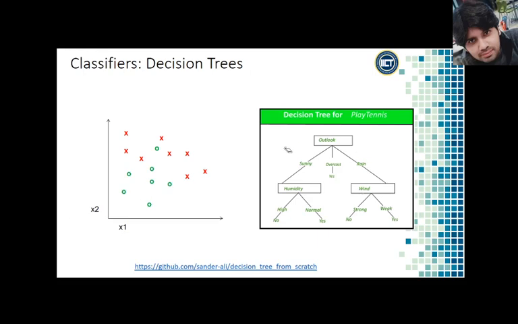Now, as you will see, here we have to come up with the features which are most prominent or most effective for breaking different attributes into trees based on a certain condition. This selection of features is done by measures such as Gini impurity.